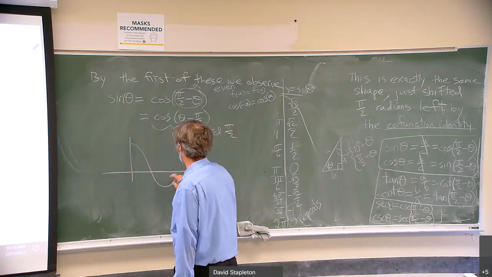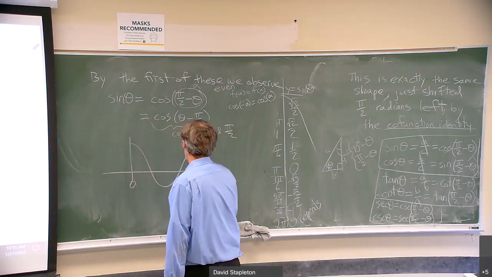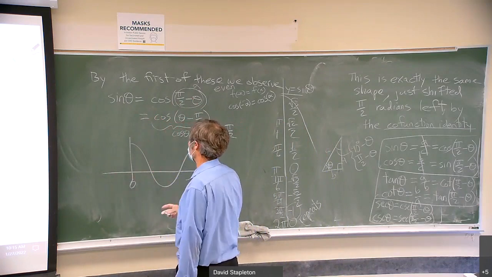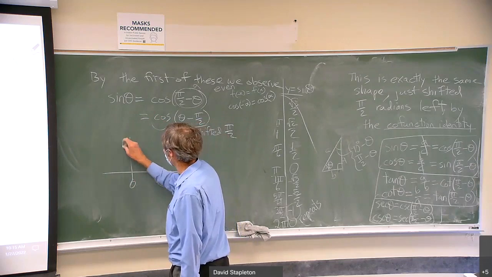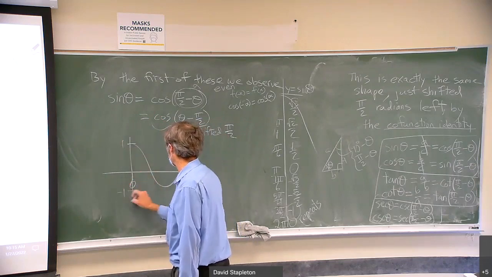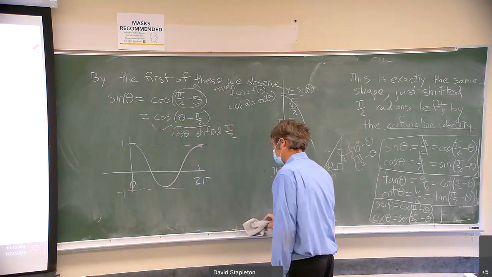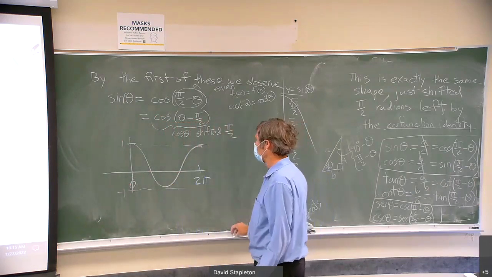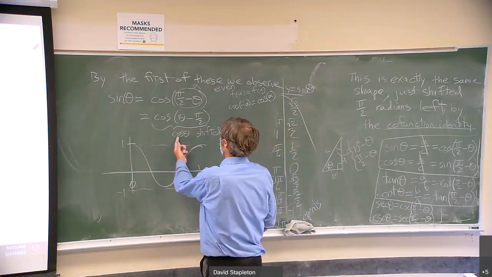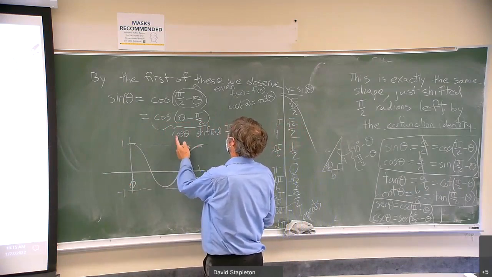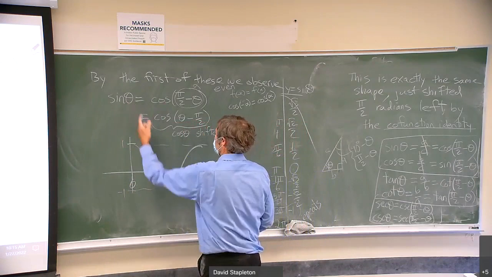Here's cosine, 0 to 2 pi. It repeats a wave every 2 pi units, going between 1 and minus 1. Here are the guidelines. Now, how do I sketch the sine from that? I just take the cosine and move it over pi over 2 units to get sine.